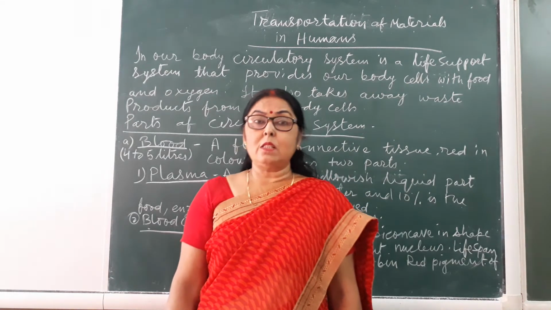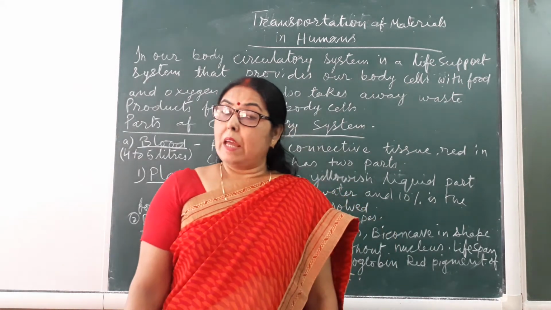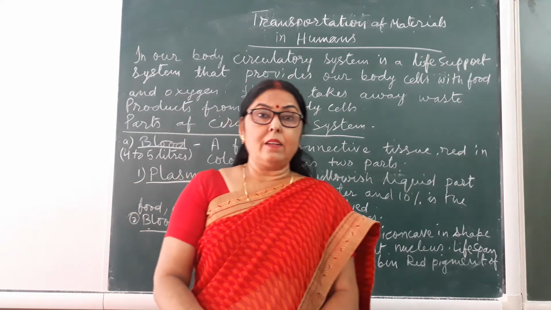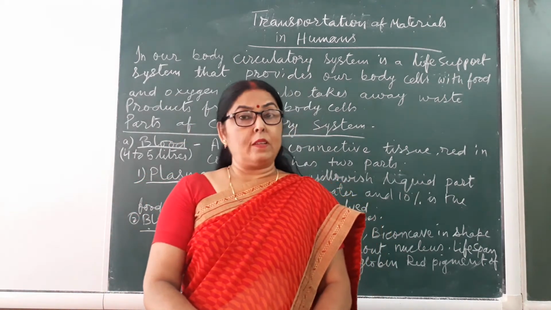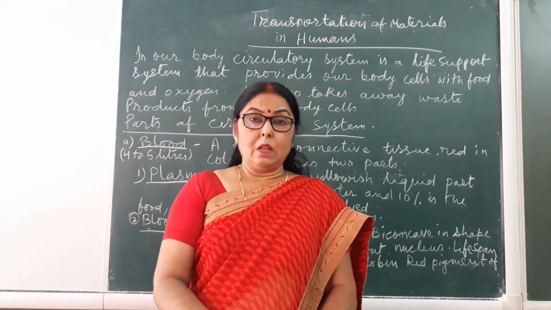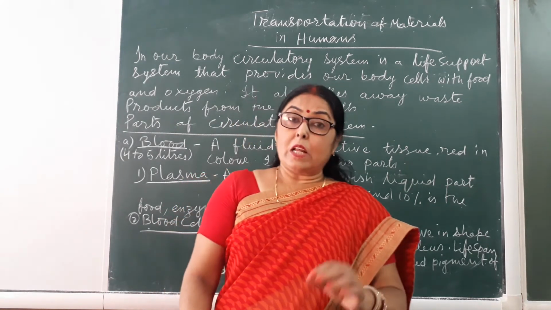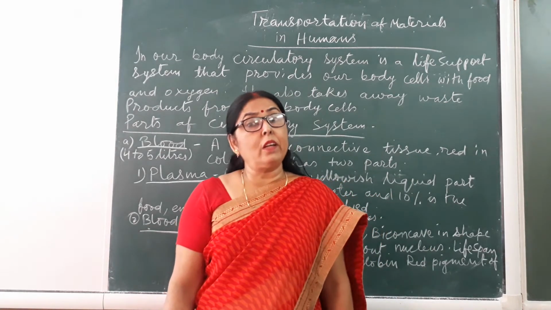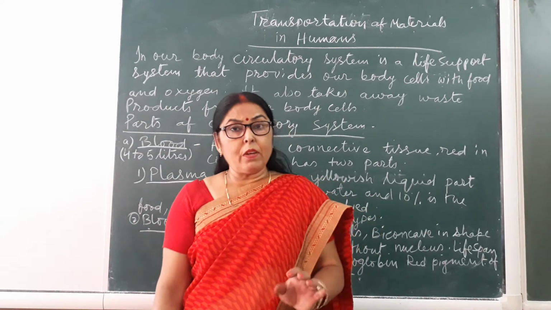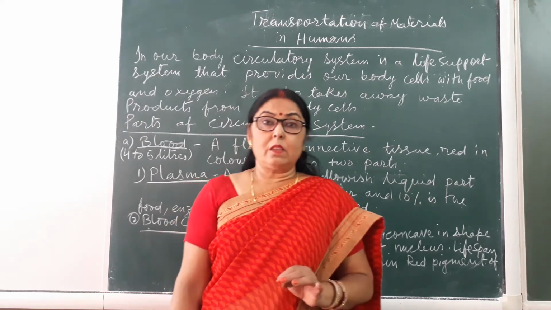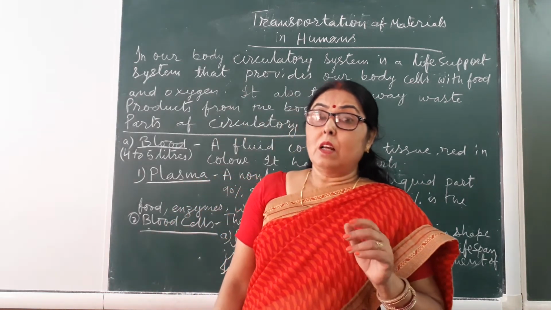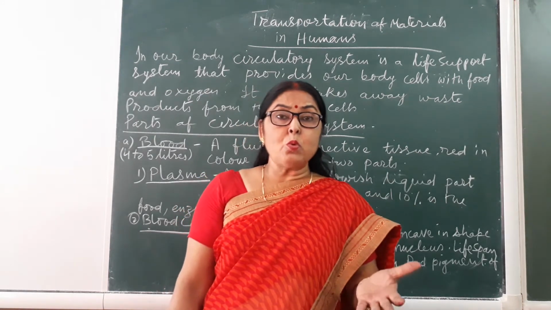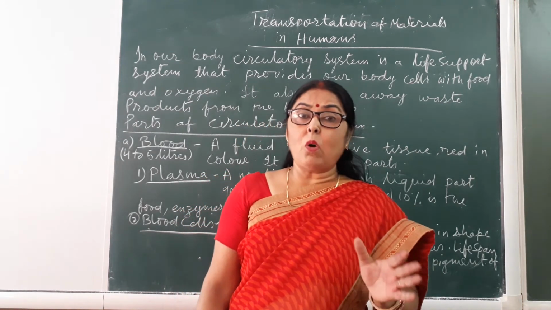Of materials in humans. As we have discussed in previous videos, transportation takes place in both plants and animals, and transportation in animals is known as the circulatory system. It is a very important and essential system which helps any living organism to live.